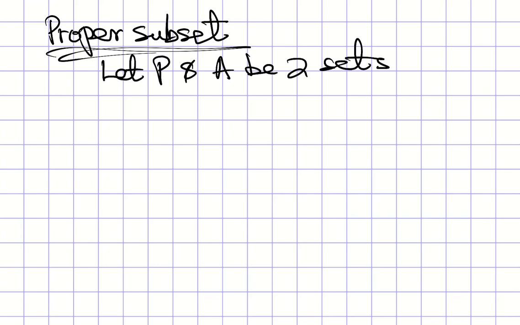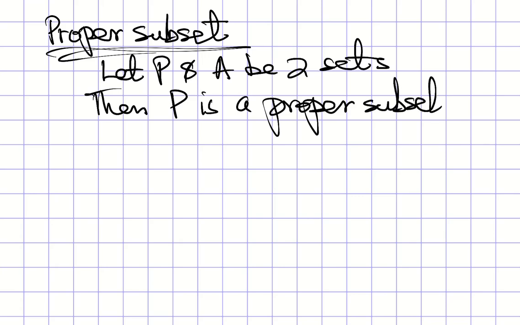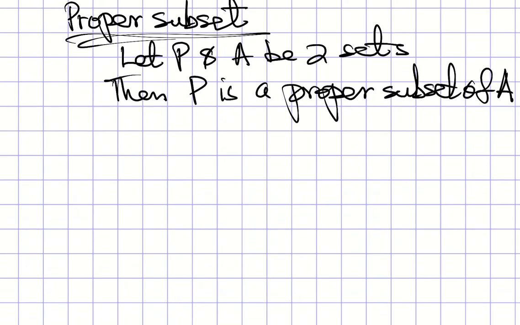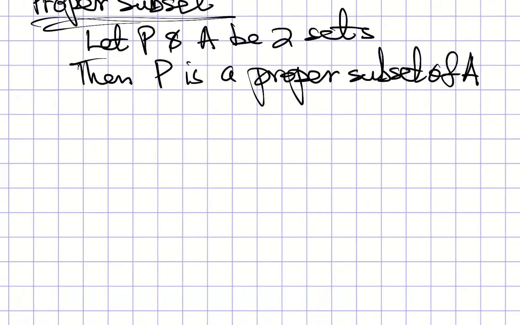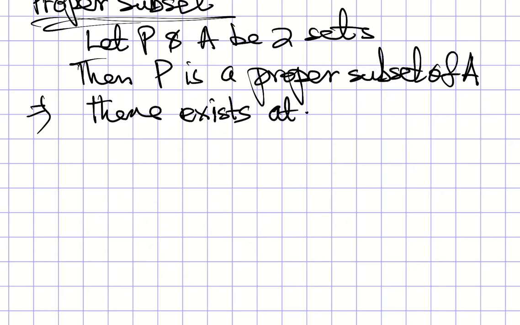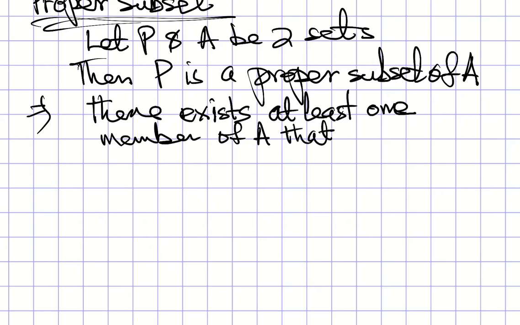Then P is regarded as a proper subset of set A if this means there exists at least one member of A that is not a member of P.